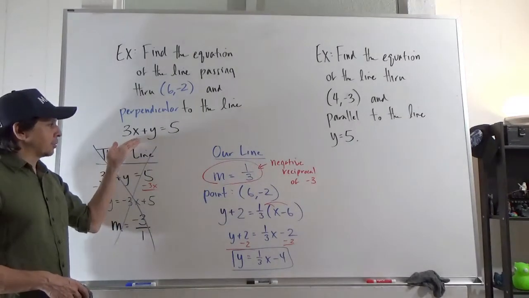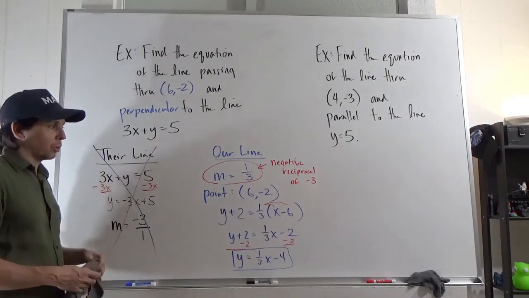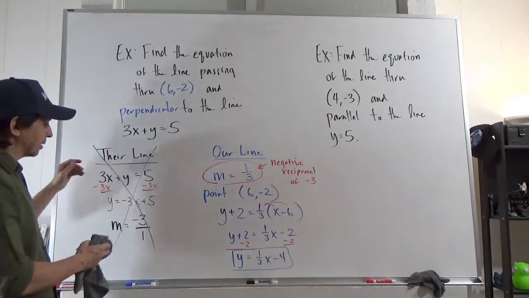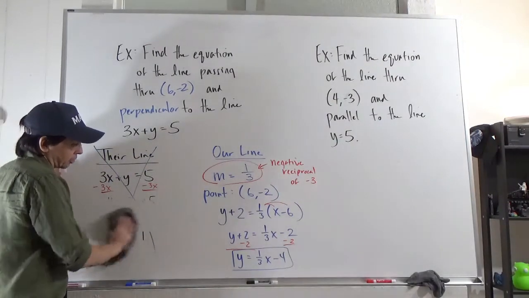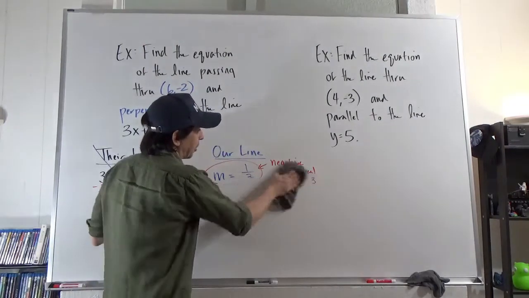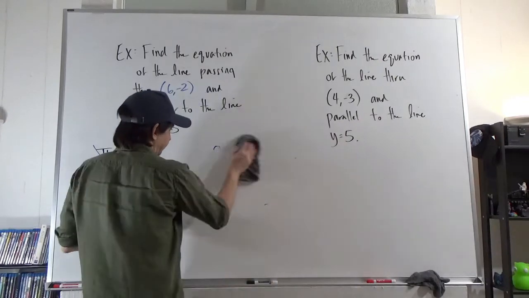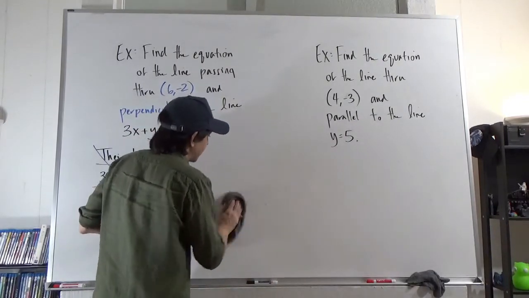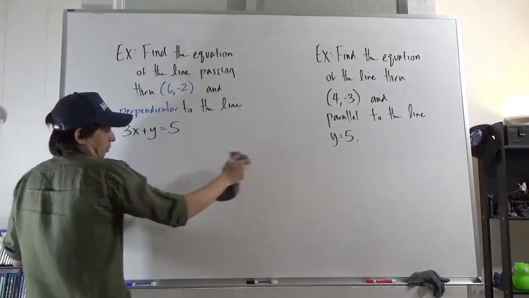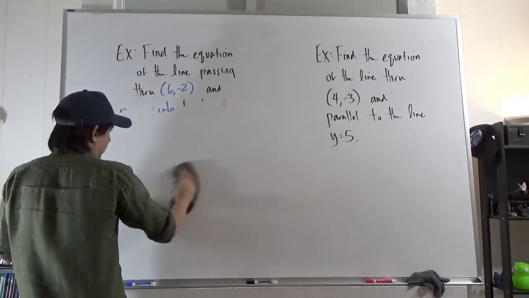The line that they gave us before was a slanted line, and we could put it into slope-intercept form and grab the slope. So any line that's parallel or perpendicular to a slanted line will also be slanted. This time, the line that they provided, y = 5, is not a slanted line. The slope of it is not 5.